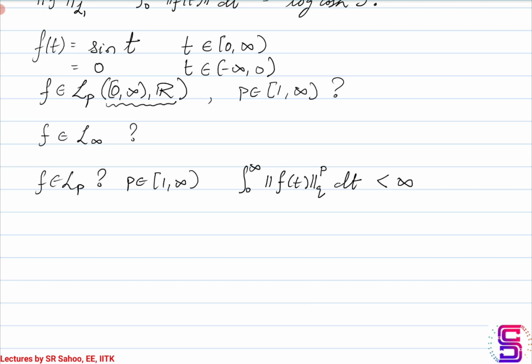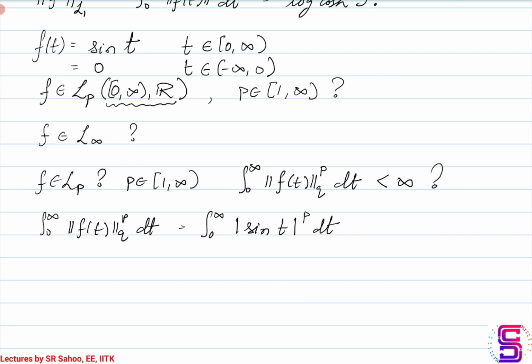In this case, the integral from 0 to infinity of the norm of f of t to the power p dt is nothing but the integral from 0 to infinity of mod of sine t to the power p dt.